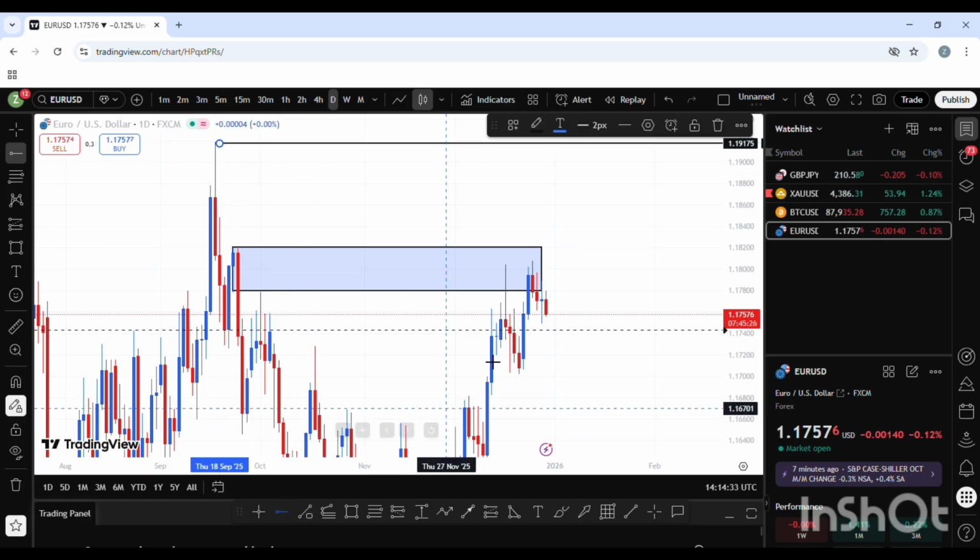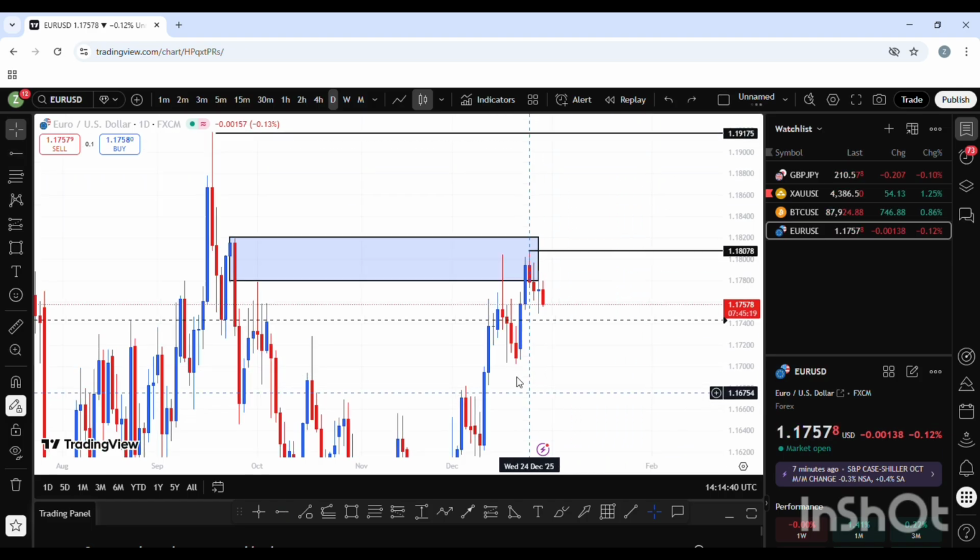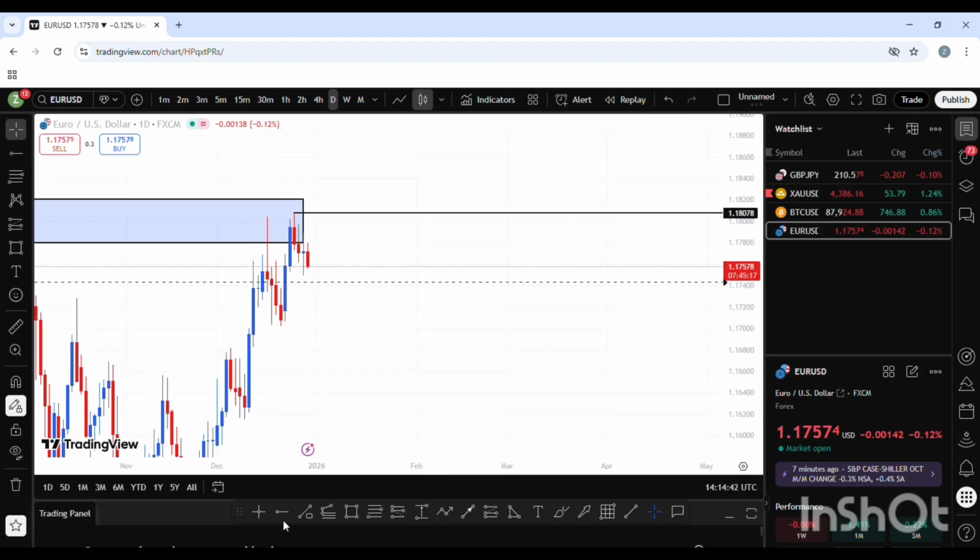To start with, let's head over to the daily time frame where I am right now. As you can see, the market is reacting from that supply zone. I'm analyzing Euro USD, and price has reacted from that supply zone not once, not twice, meaning that the sellers are strong.